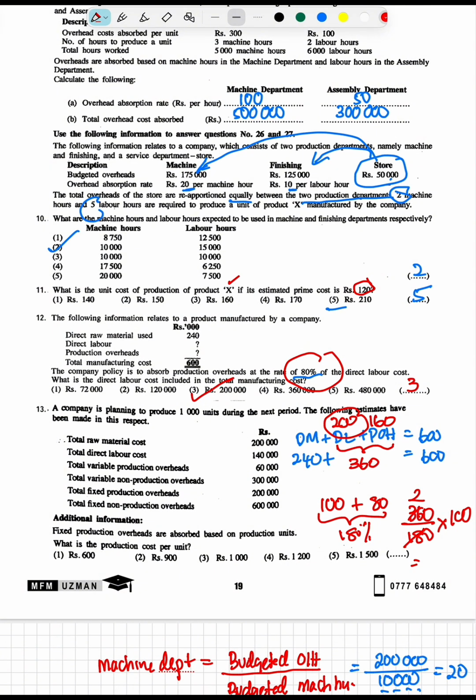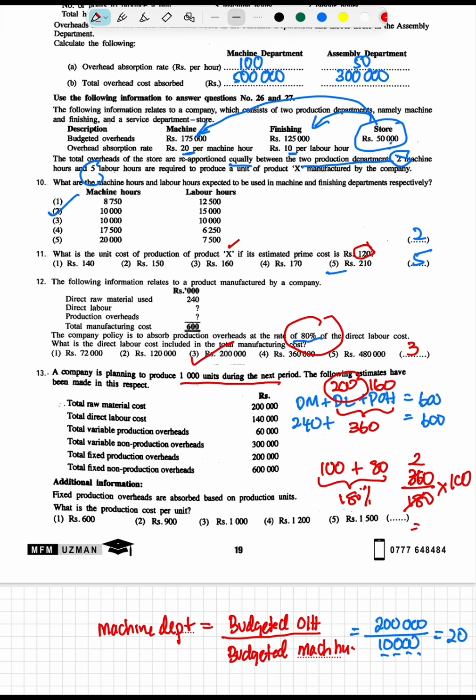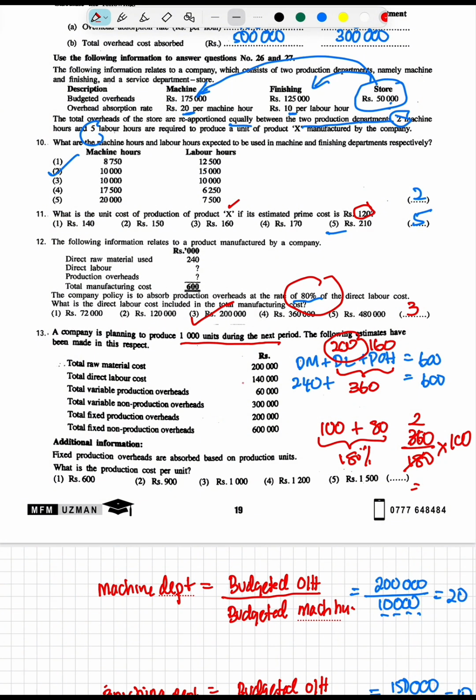And question number 13, the company is planning to produce 1000 units during the next period. The following estimates have been made in this respect, right? Total raw material cost is given. So the question is what is the production cost per unit at 1000 units? They're asking the production cost, so let's see first of all what would be included: direct material, direct labor, variable production and fixed production.